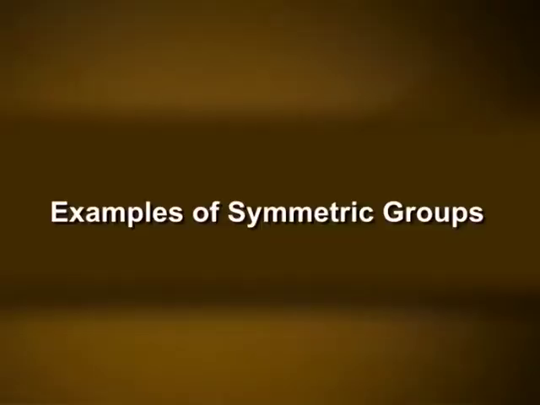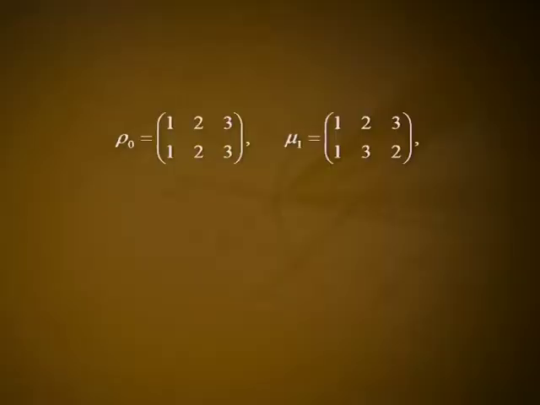Examples of symmetric groups. Example 8. Symmetric group of 3 letters. Let A be the set 1, 2, 3. Then S3, the symmetric group of 3 letters, has 3 factorial, equal to 6 elements, and they are: rho naught is equal to the permutation 1 to 1, 2 to 2, 3 to 3.